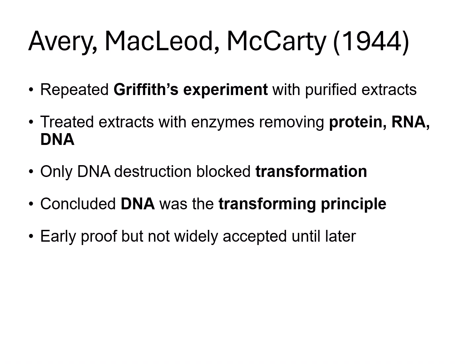So based on Griffith's experiments, we know that something was leaving the S cells that were dead and entering the living R cells to transform them into living S cells. Today we know it's DNA, but back then they didn't know. So Avery, MacLeod, and McCarty repeated Griffith's experiments with purified extracts, and then they also treated the extracts one at a time, removing protein, RNA, or DNA.